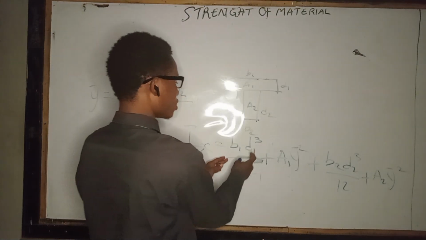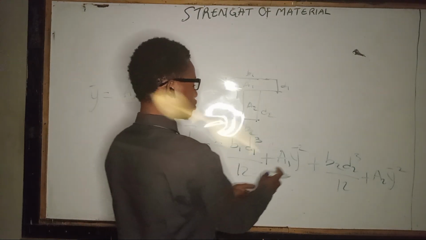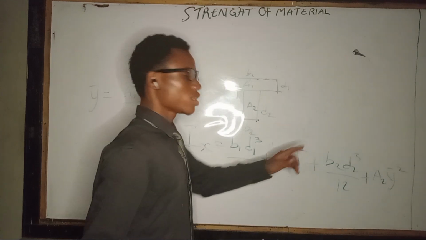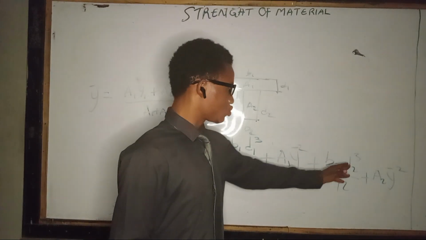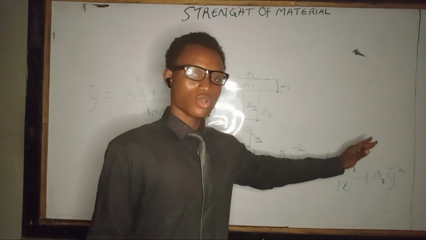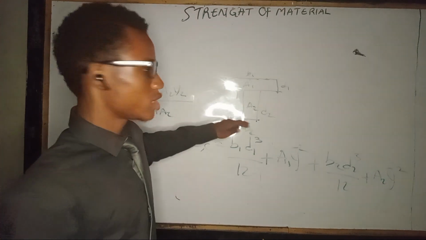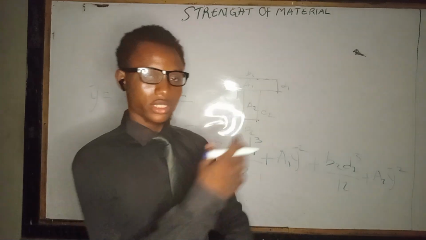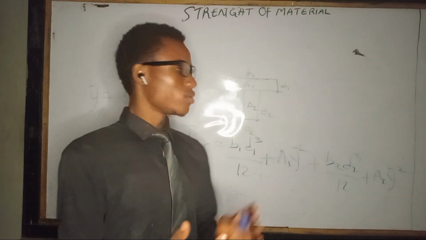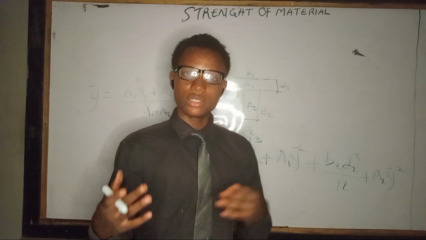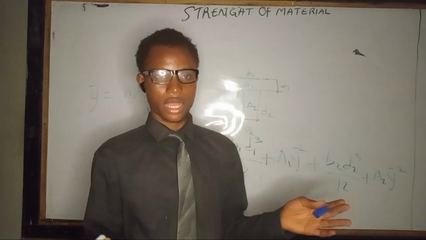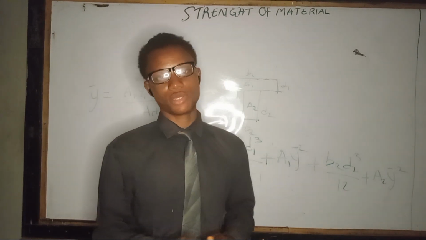You have b1 d1 cube over 12 plus a1 y bar square, b2 d2 cube over 12 plus a2 y bar square, and if there is a third one there, you can put b3 d3 cube over 12 plus a3 y bar square. That is how you go about the moment of inertia.